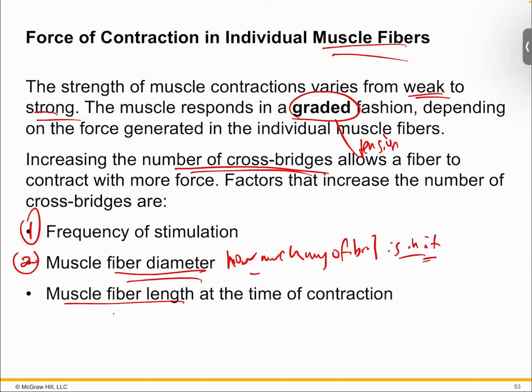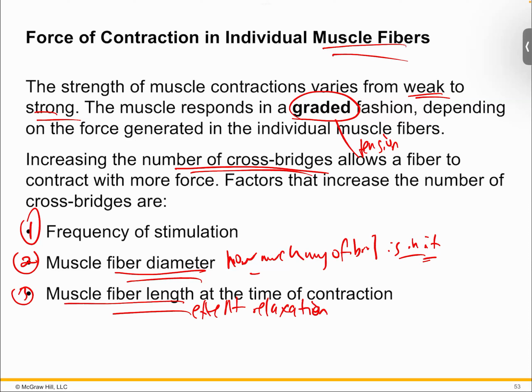And then your muscle fiber length, right? At the time of contraction, that is the extent of relaxation. If you want a complete 100% contraction, then you have to reset the mousetrap 100%, right? If the mousetrap is only at 50%, guess what?